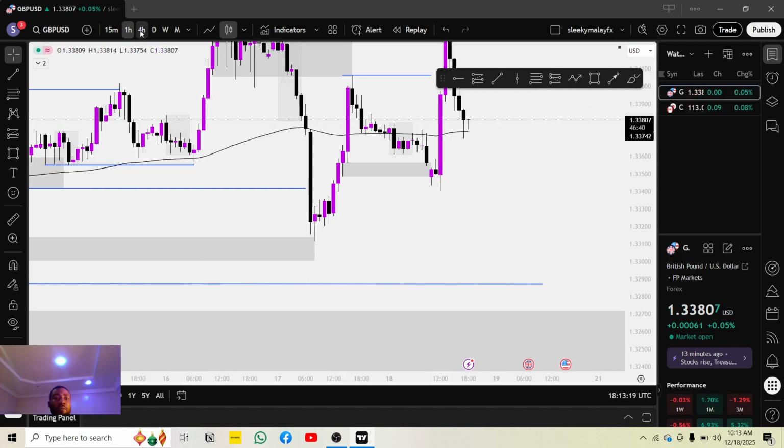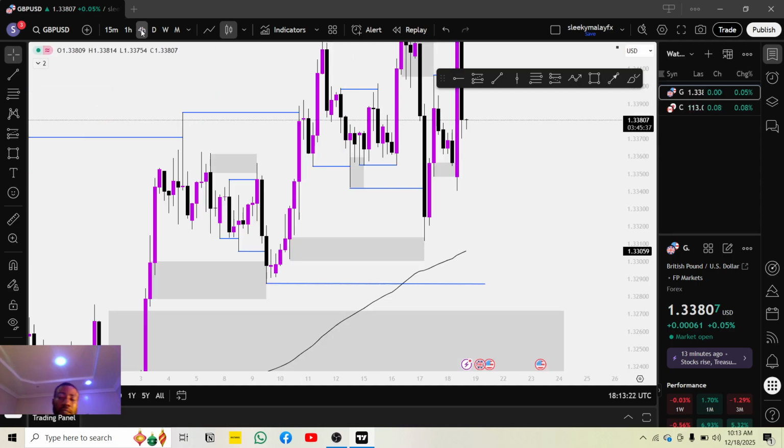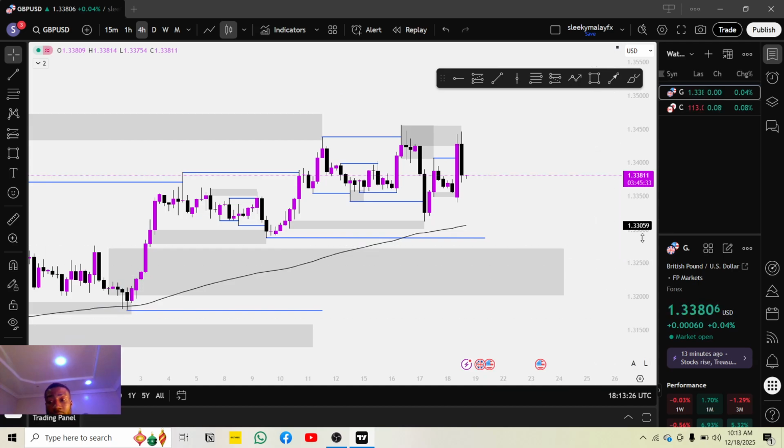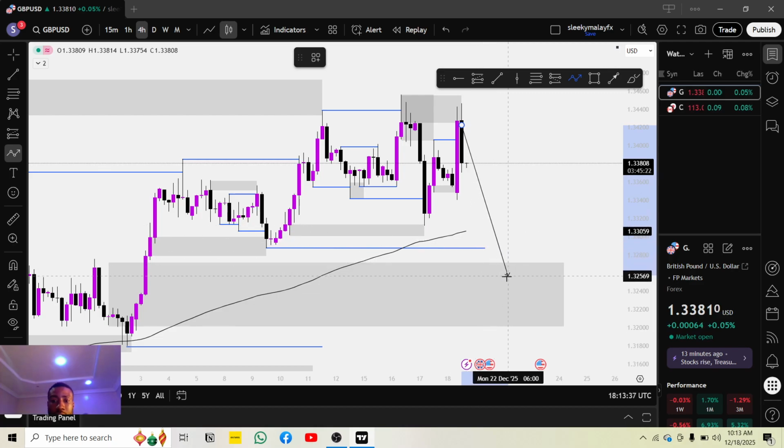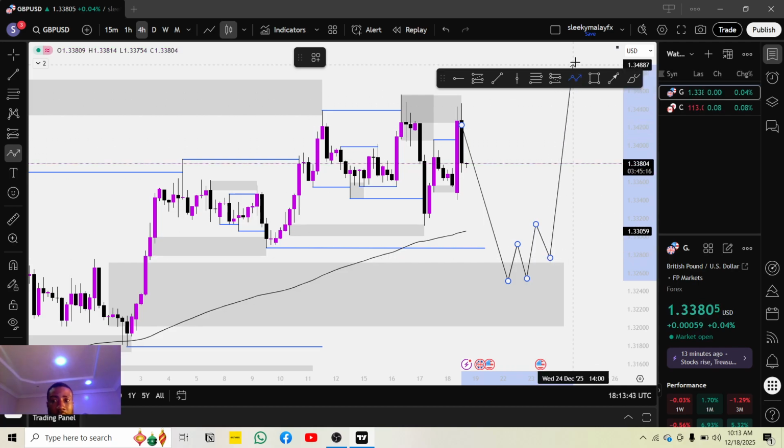So I hope this little breakdown of GBP helps. The only target I have currently is this very level right here. So this is what I want to see. I want to see price break into this area, give us some reasons to start buying and move higher.